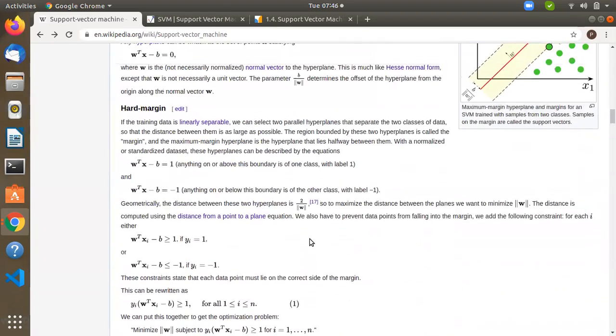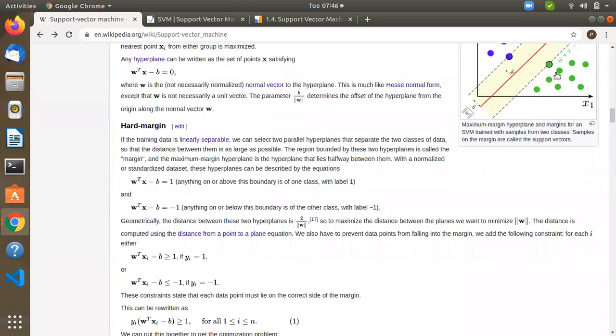In the same way, let's take some values, say plus 4, plus 5. If you put those values into the equation with the slope, we will get the value of y as negative.